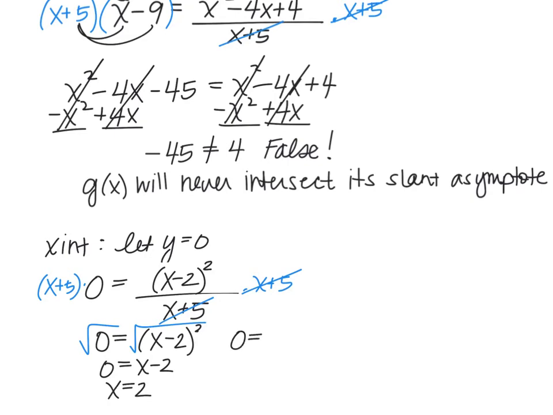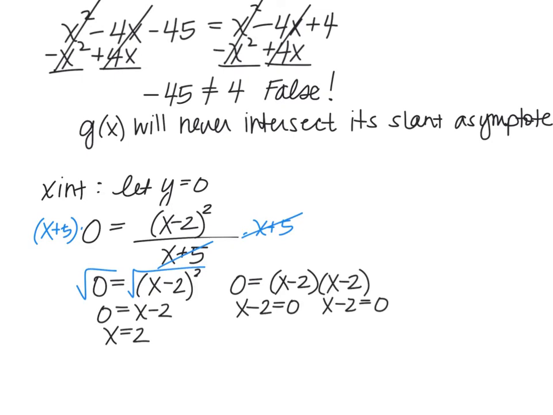But I like to remember that x minus 2, the quantity squared, is really x minus 2 times itself, because that helps me realize that when I solve this equation, I'm really getting the answer of x equals 2 twice, which means I have a multiplicity here. My x-intercept will be the coordinate 2, 0, but we have a multiplicity of 2.